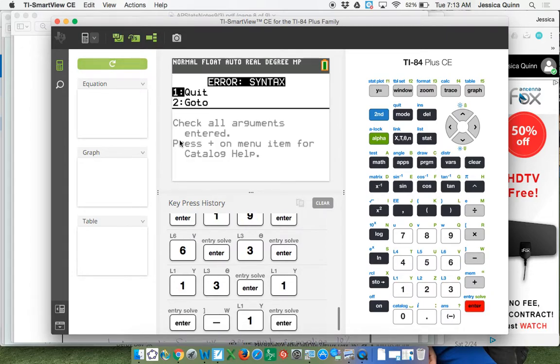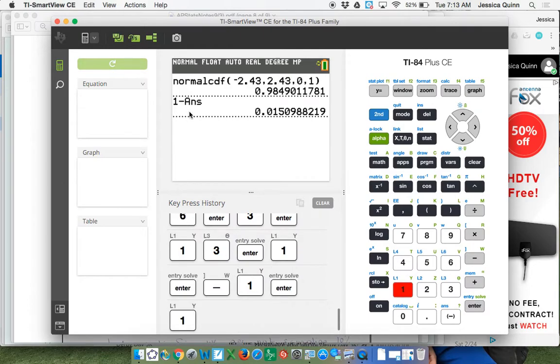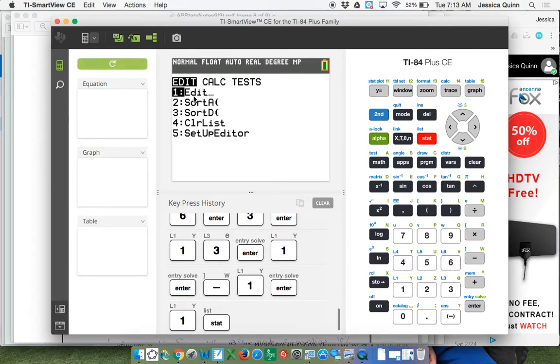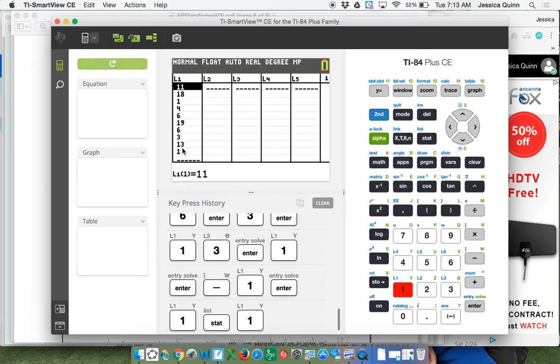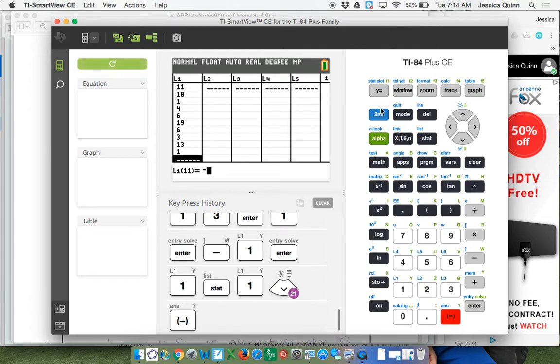Okay, sorry, I'm on my computer. Negative 1. Okay, so there were 11 values, so that's good. I think they all got in there.